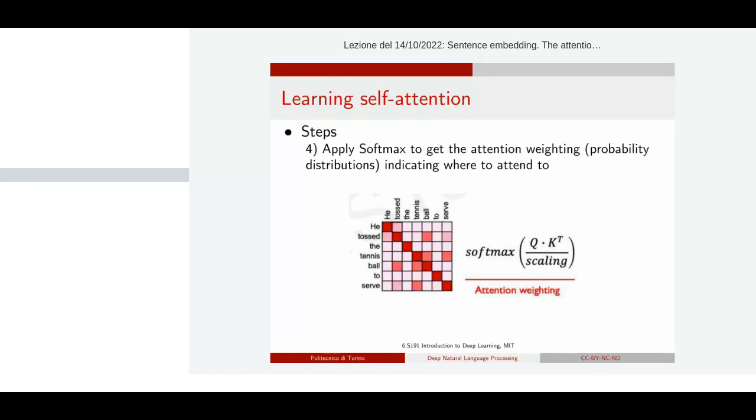Then you have to apply the softmax function in order to get attention weighting scores, which are basically probabilities. So for each of the tokens that are potentially describing your, let me say, adaptive context, you assign an attention score, a probability. So 0 for a particular word, 0.1 for another, 0.5.